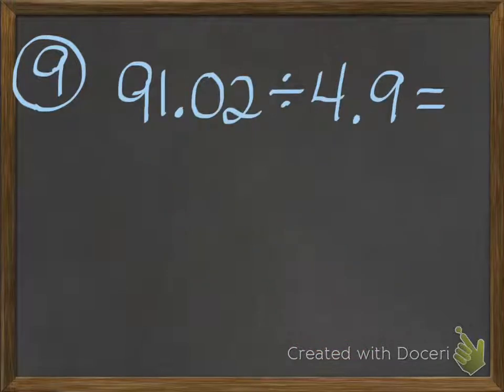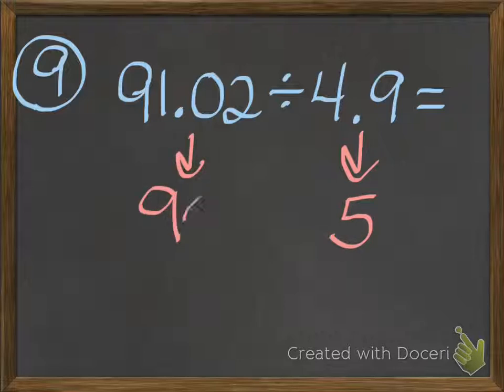Number 9. 91.02 divided by 4.9. 4.9 is really close to 5. 91.02 is very close to 90.